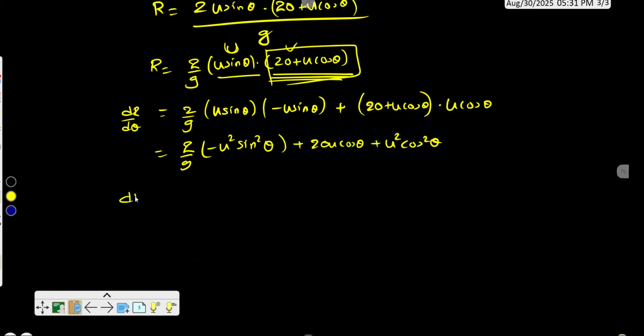Let us say dr by d theta is equal to 2 by 10. Let us substitute the value of u, which is equal to 20 meter per second, which we got in the first equation. So u is 20 meter per second.